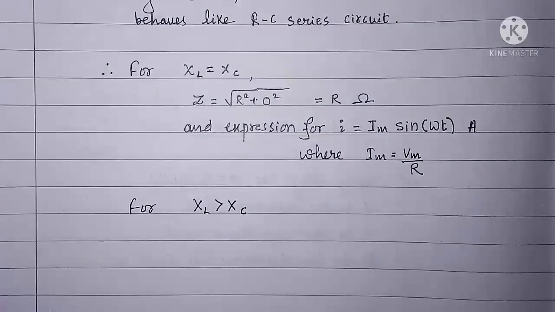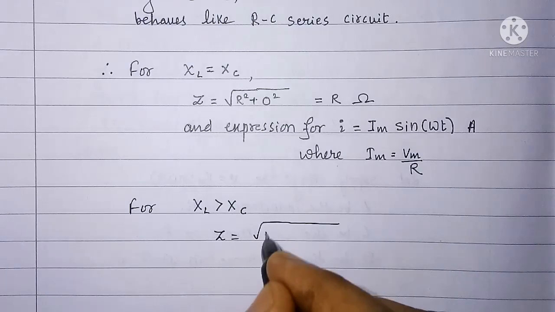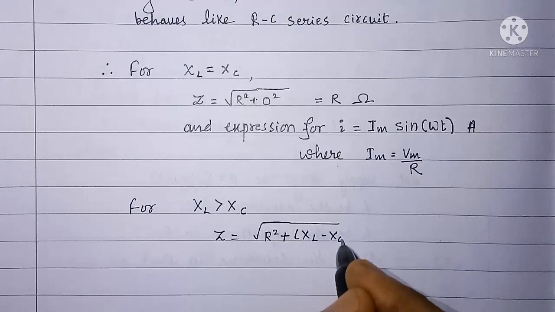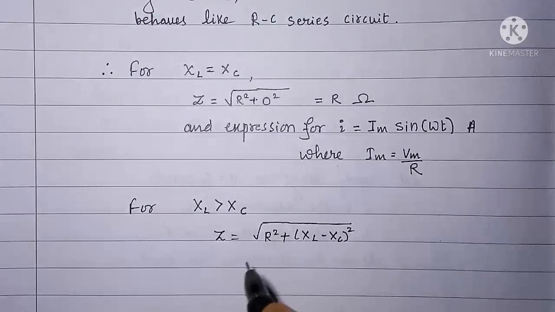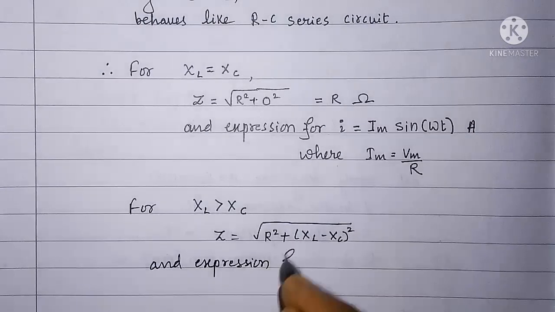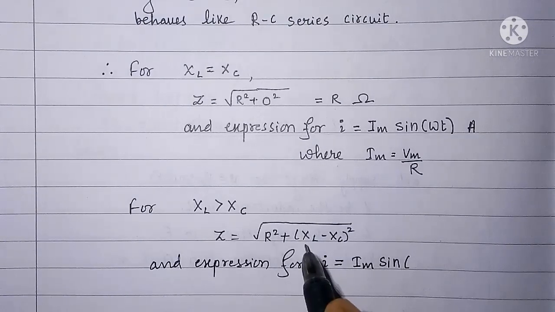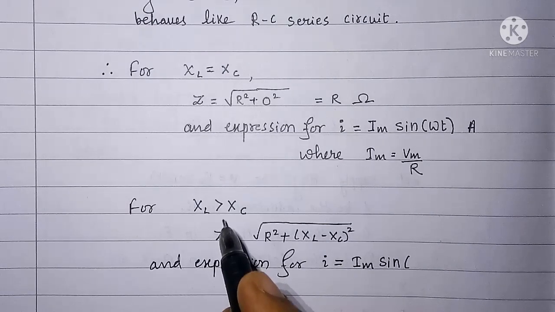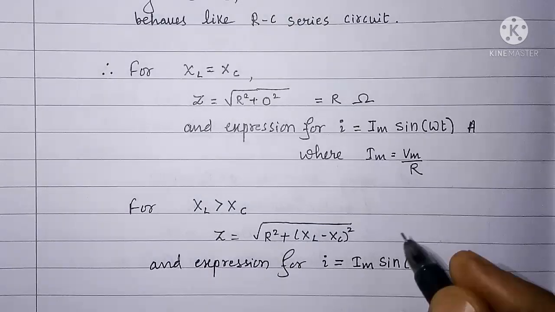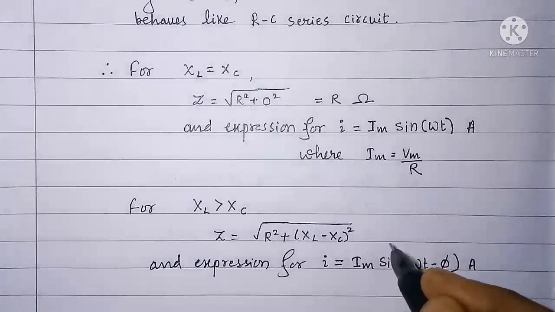For XL greater than XC, Z becomes equal to R square plus XL minus XC whole square under root, and expression for instantaneous current I is equal to Im sine of omega t minus phi, since XL is greater than XC, circuit behaves like inductive circuit, and in inductive circuit current lags supply voltage, ampere.